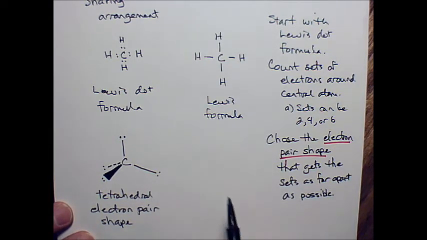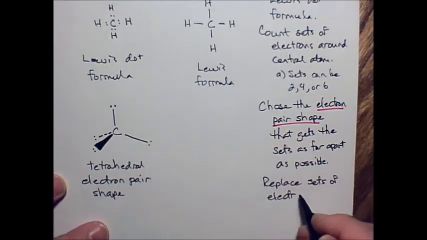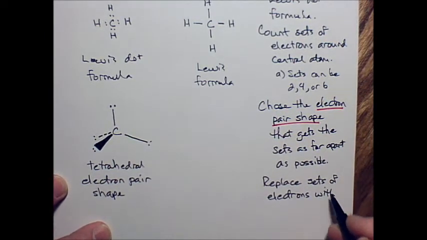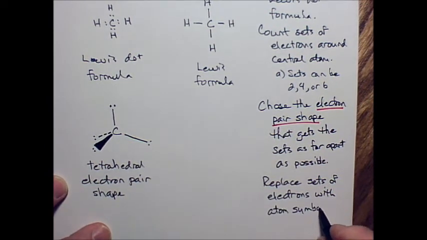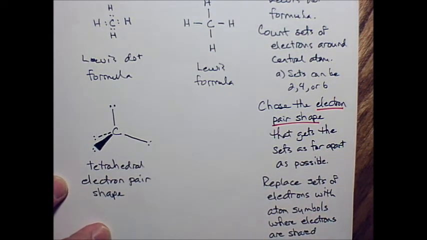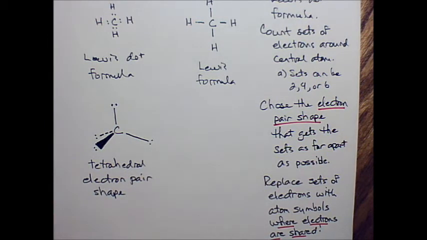The last thing we're going to do is replace sets of electrons with atom symbols where the electrons are shared. Only where electrons are shared. We're not going to replace lone pairs.